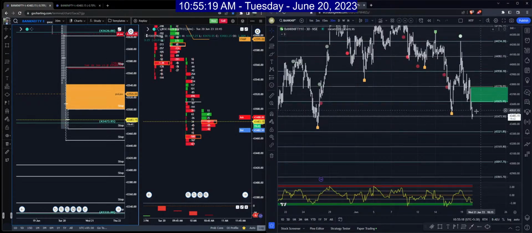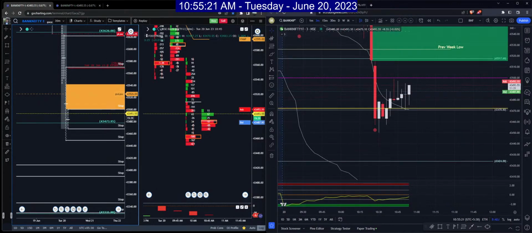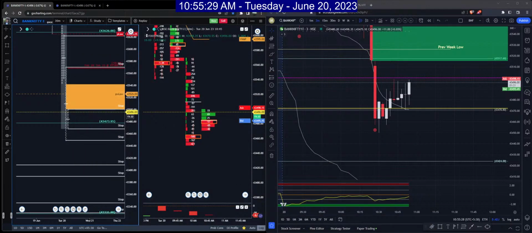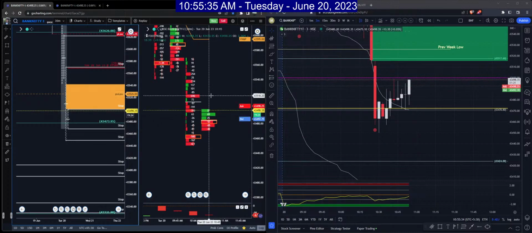So from a higher time frame, it is still hovering above, developing above this level. So now that short covering is seen, and you see now it is going 405, 404. Anyways, so that is what I was looking at, and I'm expecting again supply to come in at 518.